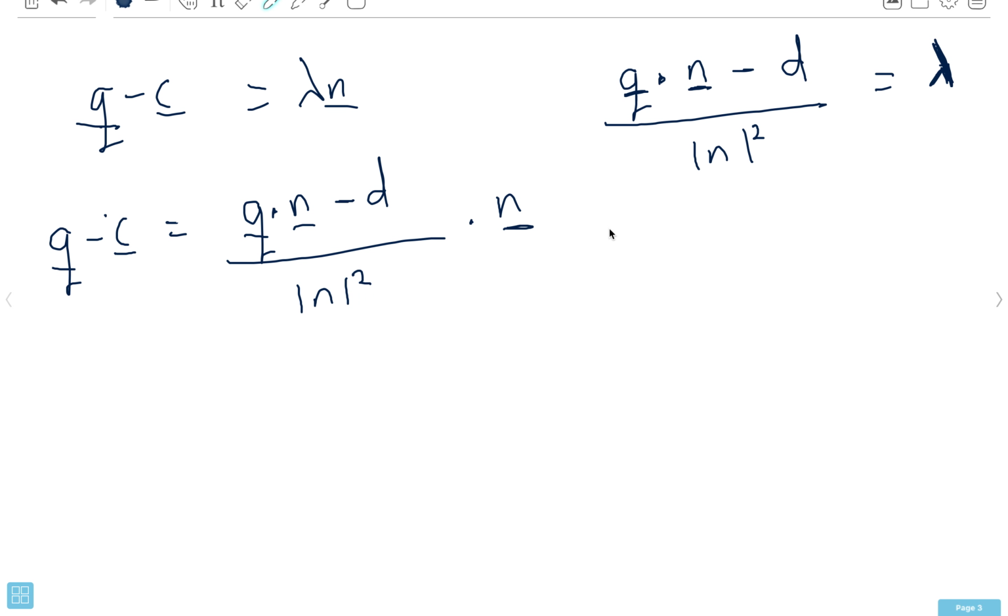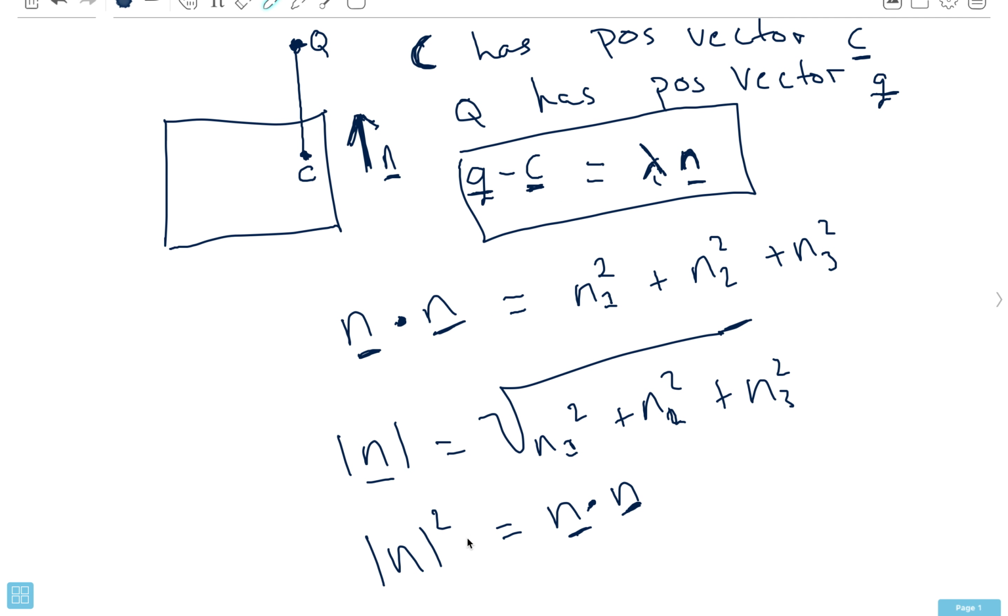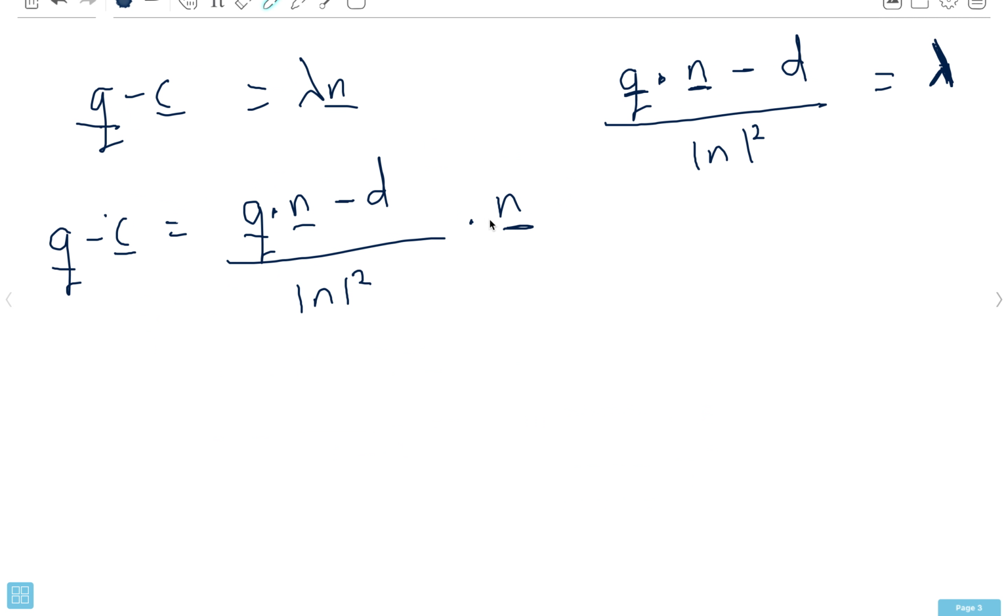Now, if you remember from here, mod n squared is equal to n dot n. So if I do n divided by mod n squared, I get n on the bottom.